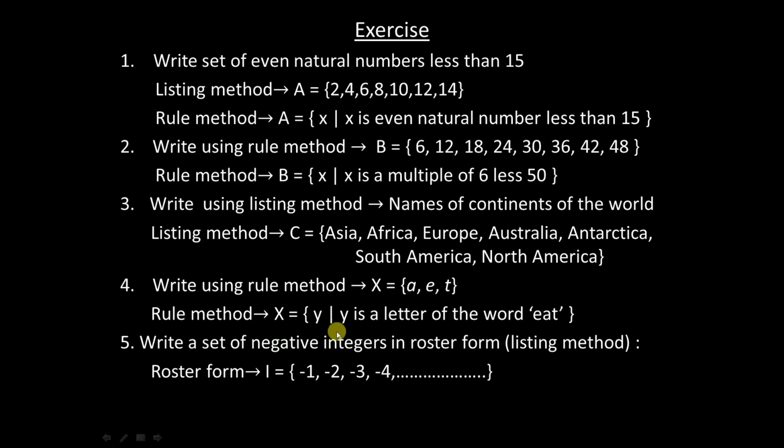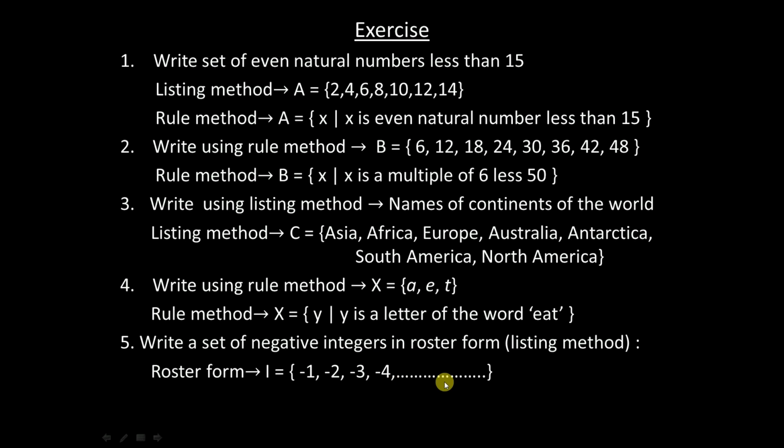Why? Because here no limitations have been given. Okay, that means there should be infinite integers, infinite negative integers. So that's why I have written only a few negative integers, and after that I have just put dot dot dot and it goes on, and draw the curly brackets. These dots basically say that it goes on.